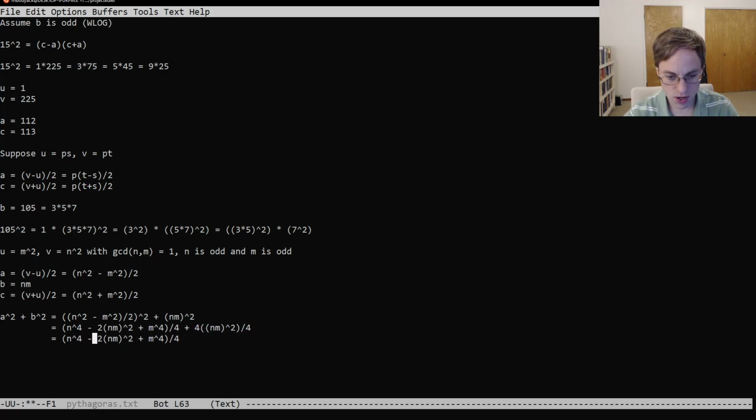And so we'll just have plus 2 n squared m squared. And then we can factor this to give us n squared plus m squared over 2, and then that whole thing squared. But that's just equal to c squared, as expected.